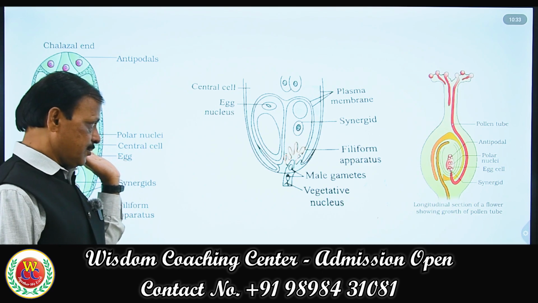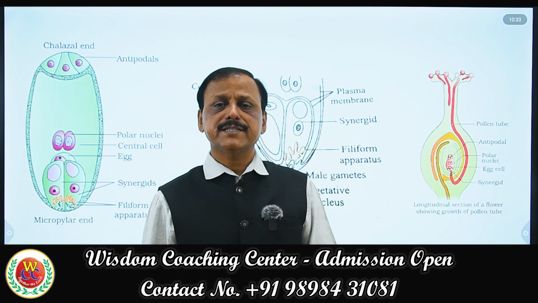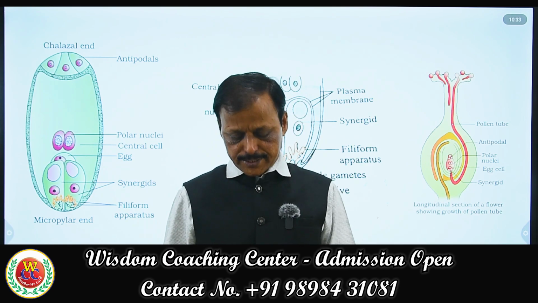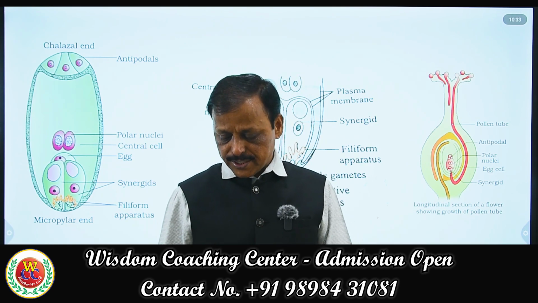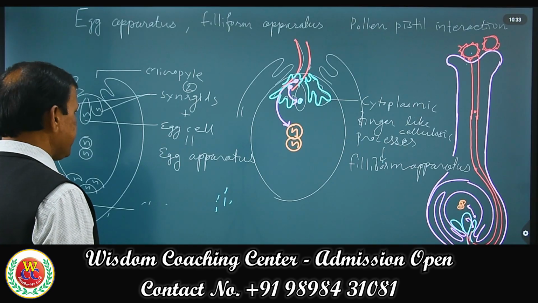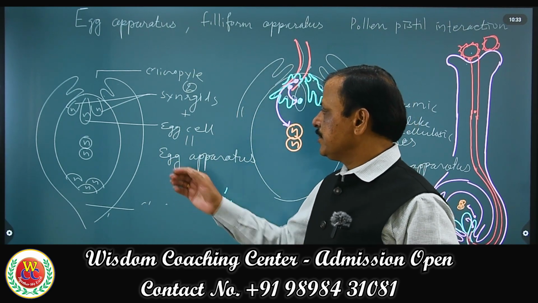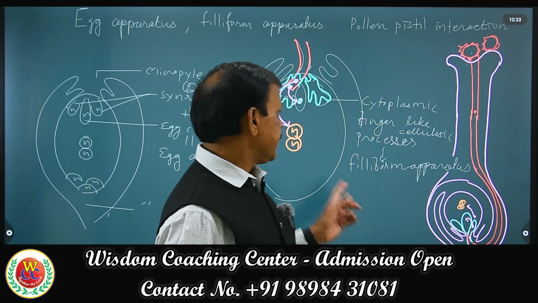A question can be asked in the board exam: what are filiform apparatus and egg apparatus, or write a short note on pollen pistil interaction. I hope you understood this short video with this short explanation. Please practice this diagram, as a question can be asked to draw and show pollen pistil interaction or egg apparatus.